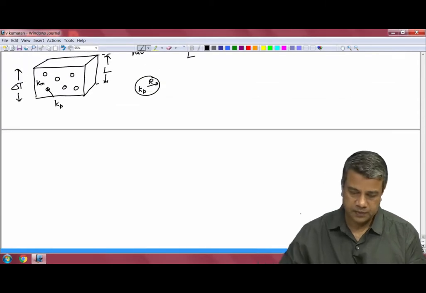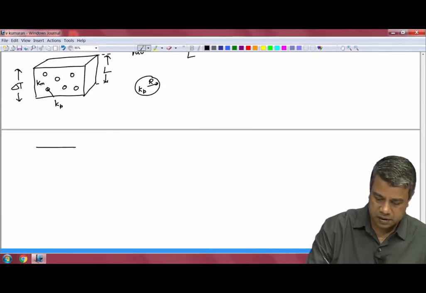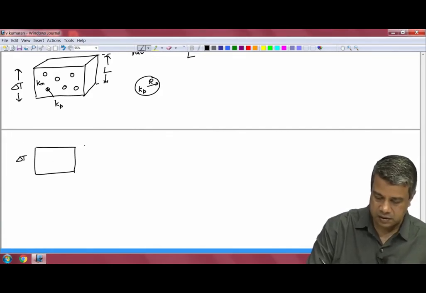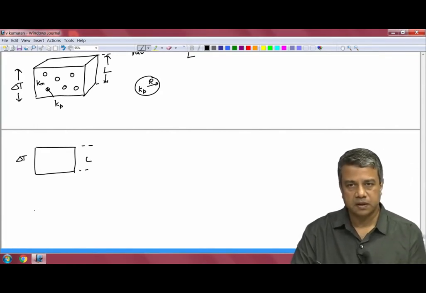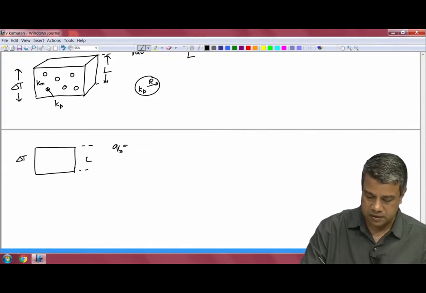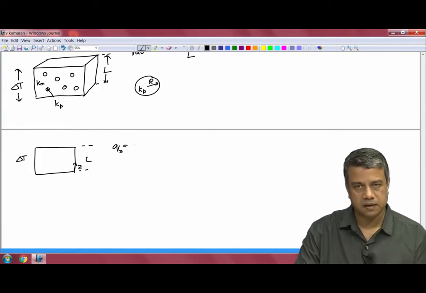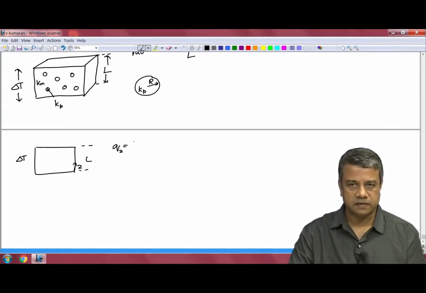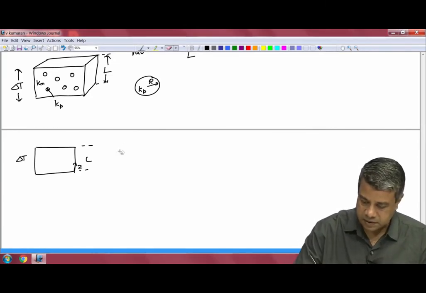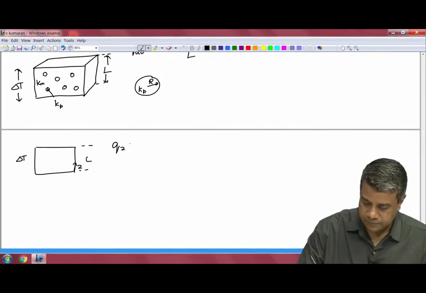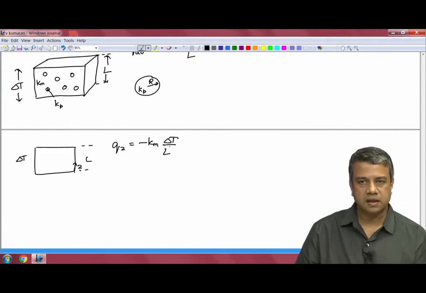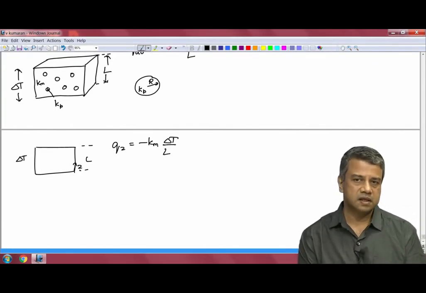So, if I had no particles and I apply a temperature difference delta T across a length L, if I take this as the z direction, along the direction of variation of temperature, assume that temperature varies only in one direction, then the flux is going to be equal to minus Km delta T by L. That is, the conductivity is going to be the same as the conductivity of the matrix.